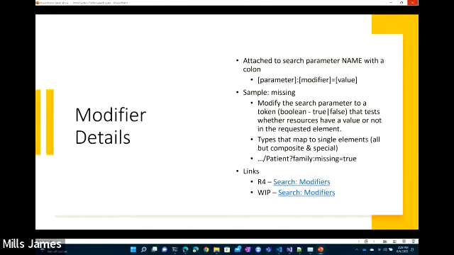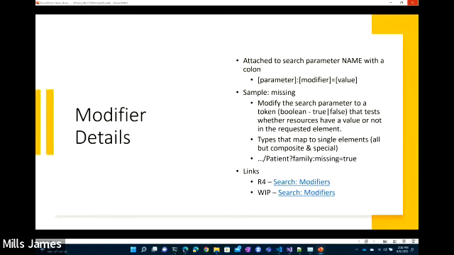So it's not about the value anymore. Now it's just saying, is that value there? That's a good example of a modifier. It's completely changing how you're processing the search parameter, but it's still the same element. We don't want to go through and define this on every element again, and that's why it's a modifier.